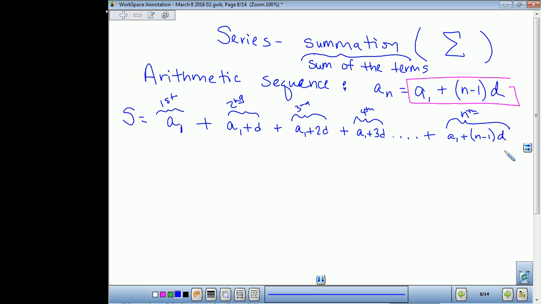So if we were Gauss, now we would start working the other way. So we would take this first term and add it here to the last one. And then we would take the last one and add it over here to the first one.